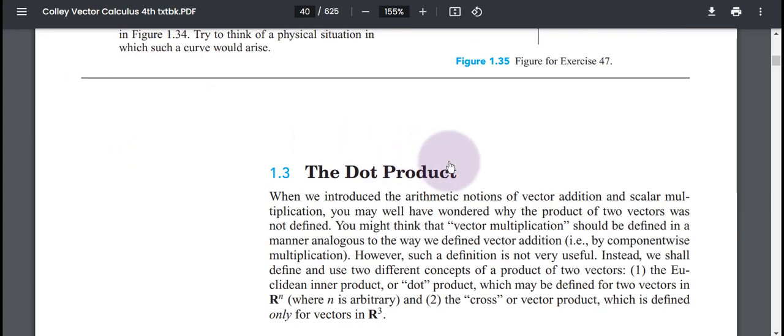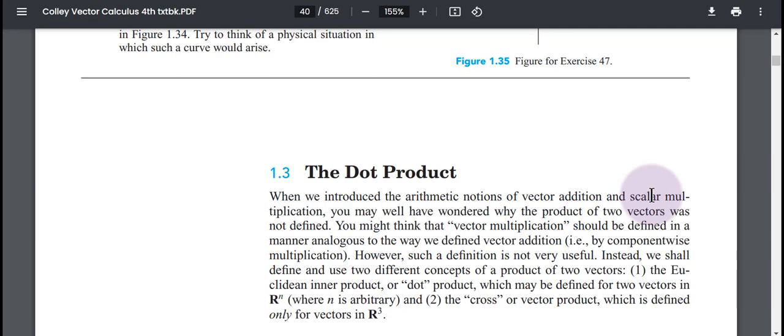Okay, the last section we want to cover is the dot product. So they say that we already talked about how to add vectors, and also how to multiply by a scalar. But we didn't talk about multiplying 2 vectors.